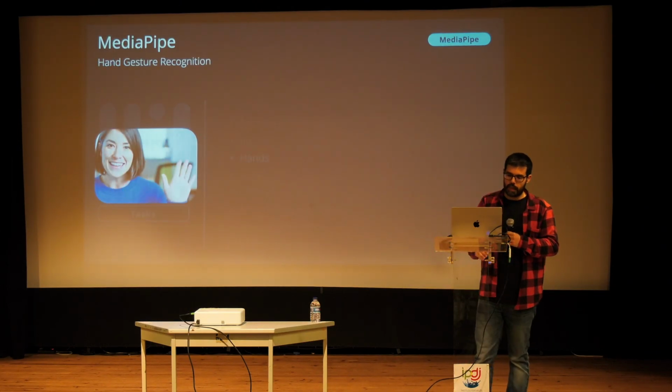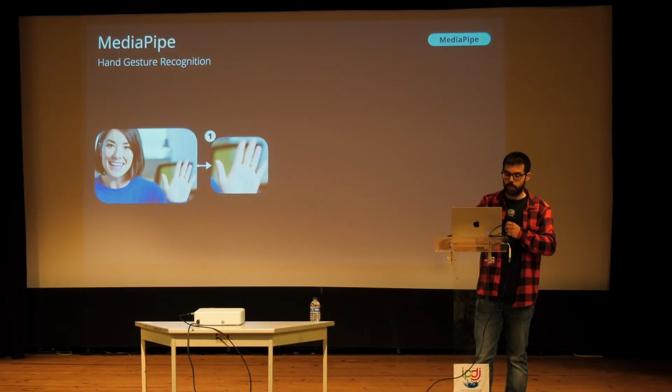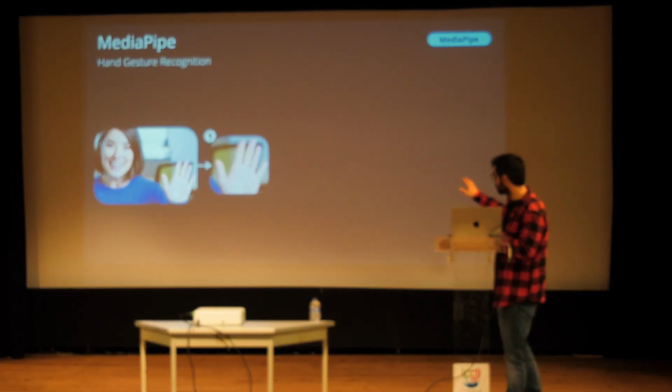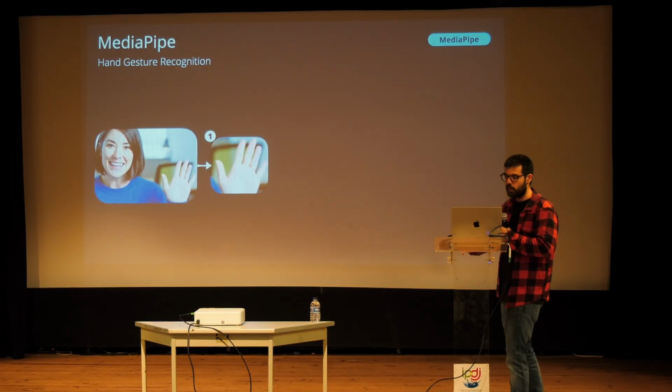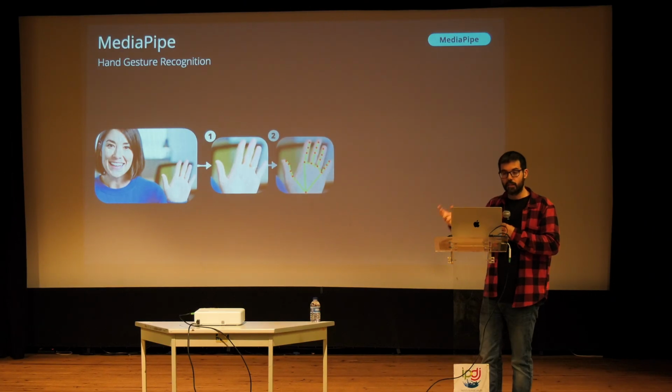Then you've got the MediaPipe Studio. And before talking about MediaPipe Studio, how does this work? Imagine that I want to use the hand landmark. It's going to look at this image. Once again, it's going to detect that it has a hand. This is done automatically. Basically, you can see that you've got a model to detect the hand. You've got a second model to detect all the landmarks on your hand.